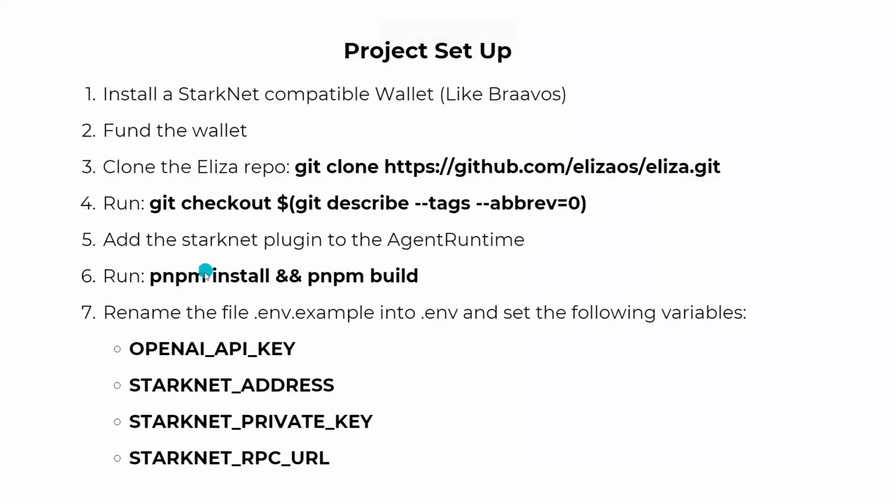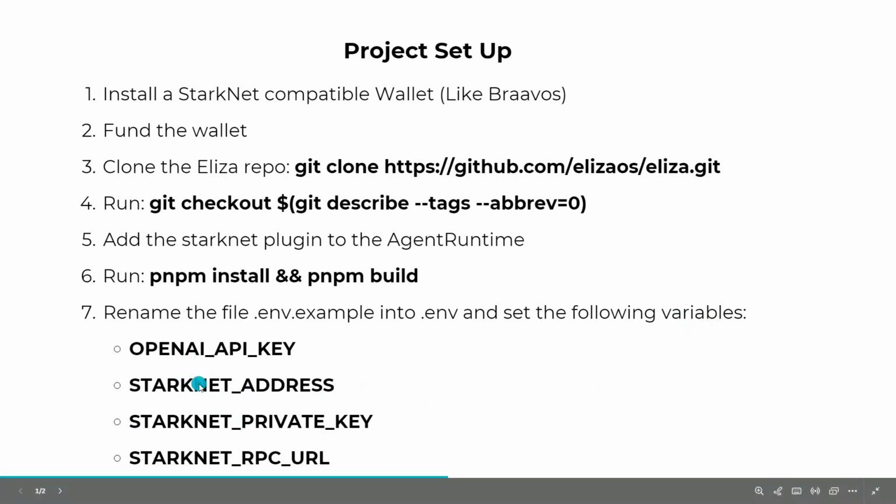The next thing to do, being a pnpm project, is to install the dependencies and then also run pnpm build. Once we have done this, we should rename the .env.example file into a .env file and set the following variables.